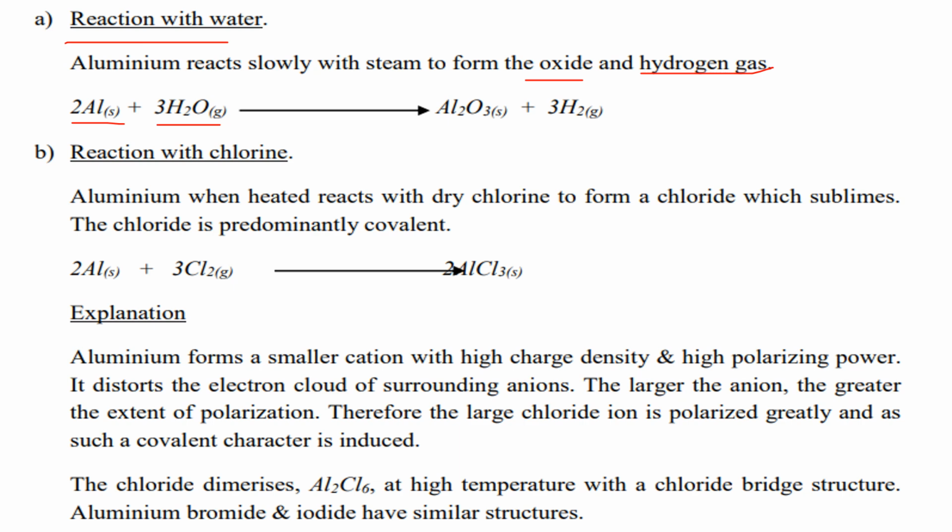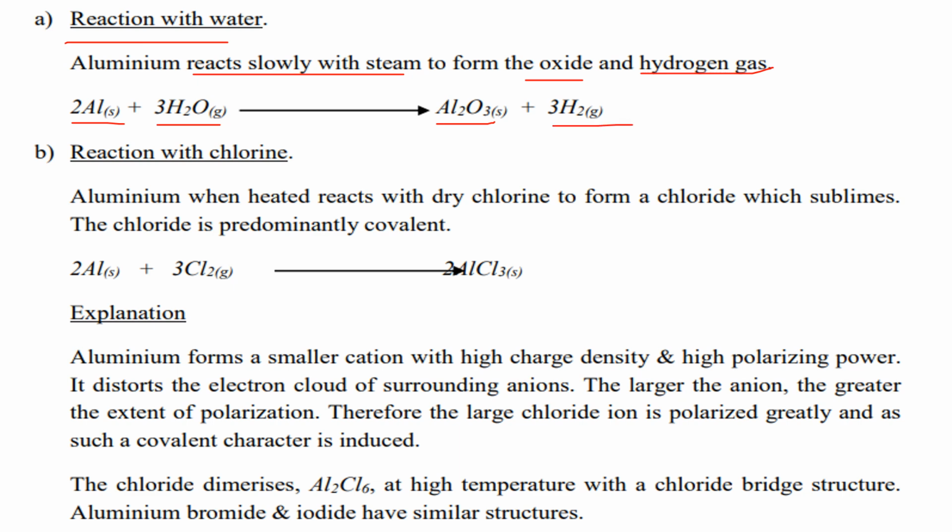That means that we need heating. So this is steam. Aluminium, when heated, reacts slowly with steam. So I missed a major important factor here. So you say that heated aluminium reacts slowly with steam to form its oxide, which is aluminium 3 oxide, and also hydrogen gas.